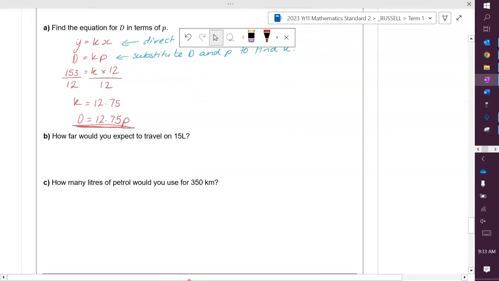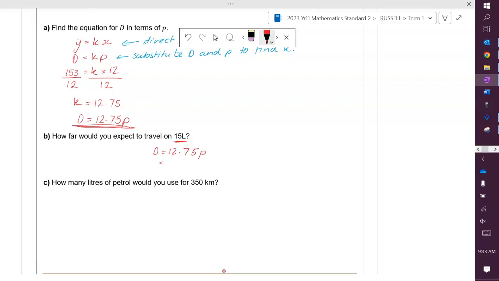Once we've found that constant and replaced it into our formula, we then use that formula to find anything else. How far would you expect to travel on 15 litres? We have our formula, d equals 12.75p.